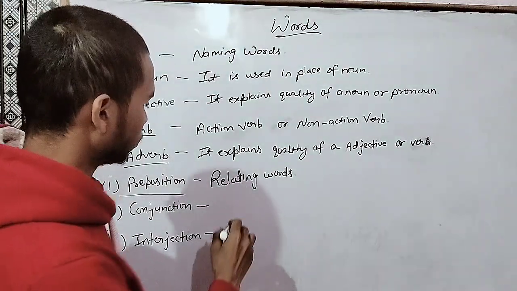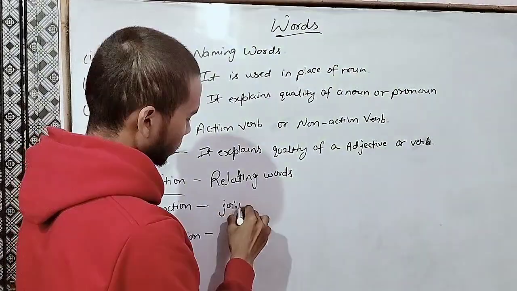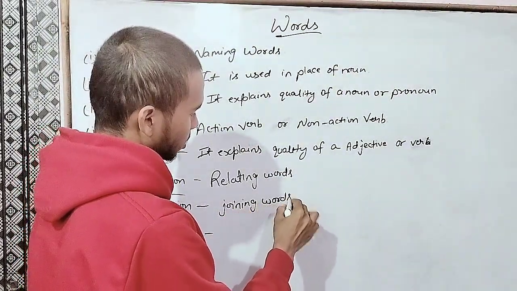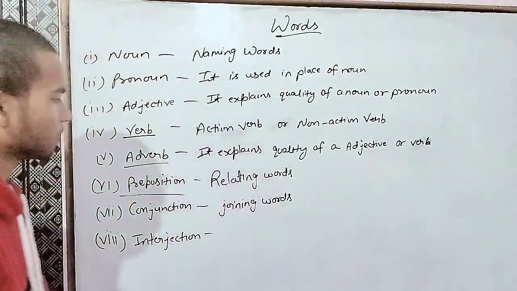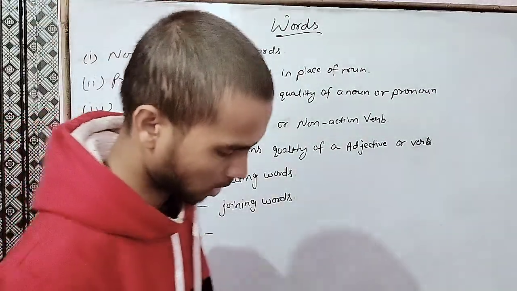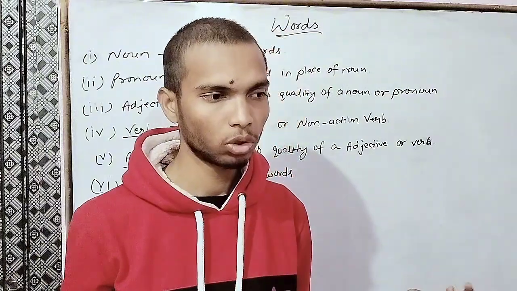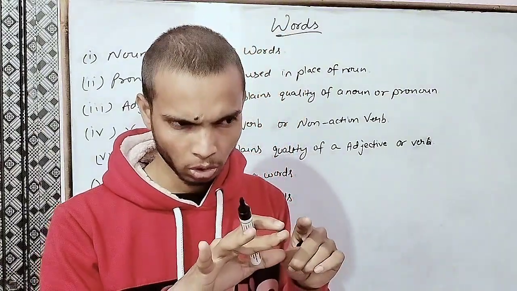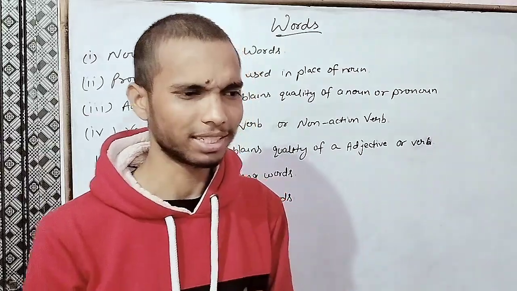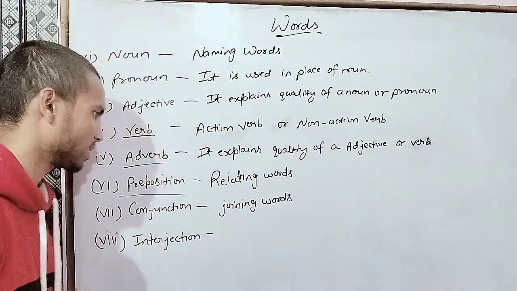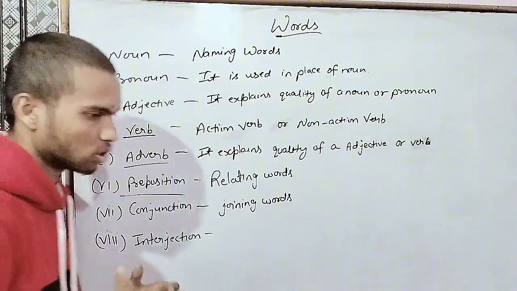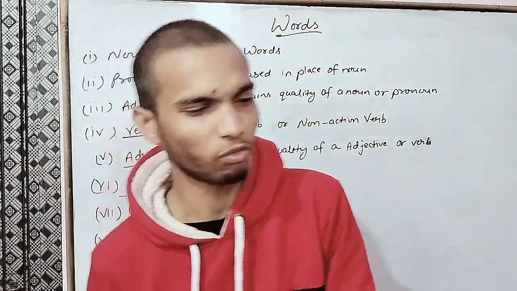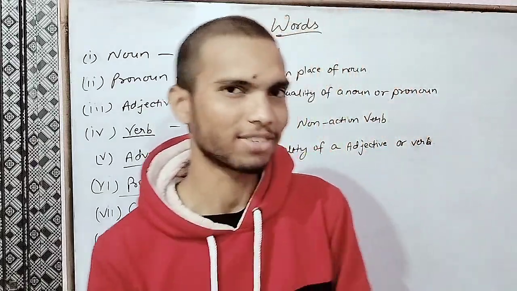Meaning of a conjunction: joining words. What is the meaning of joining words? It means joining two words or two words. For example, he and she were playing very nice.